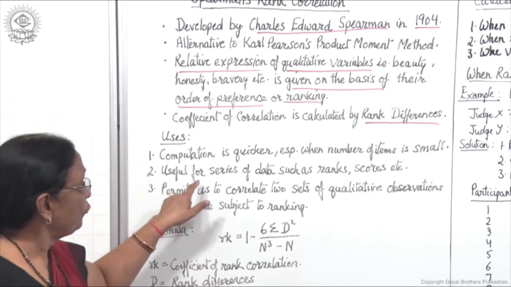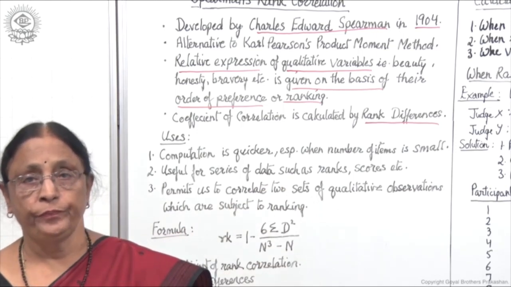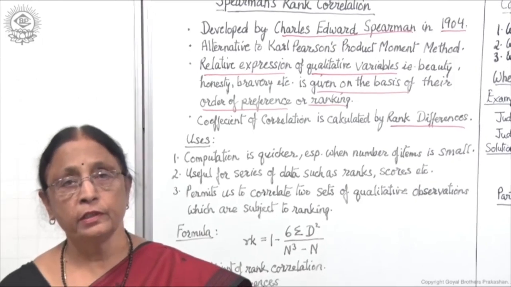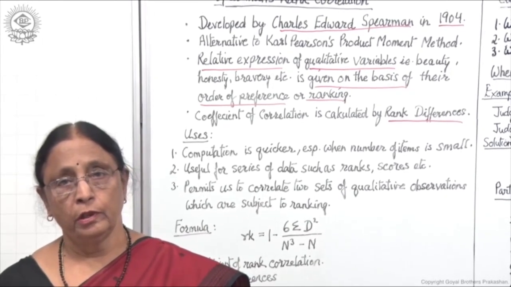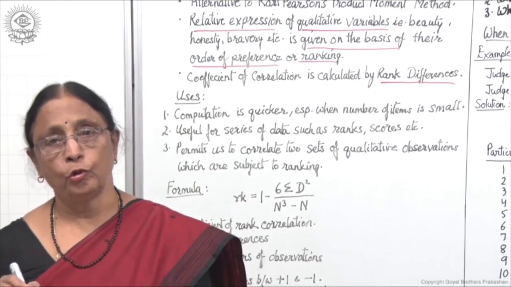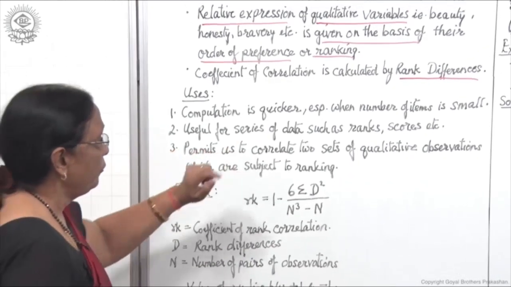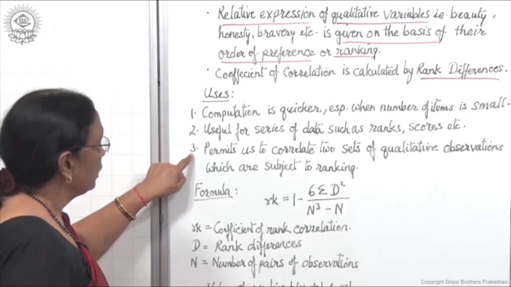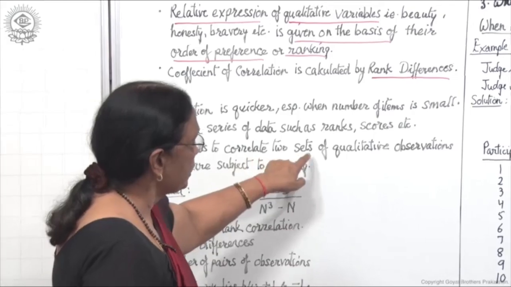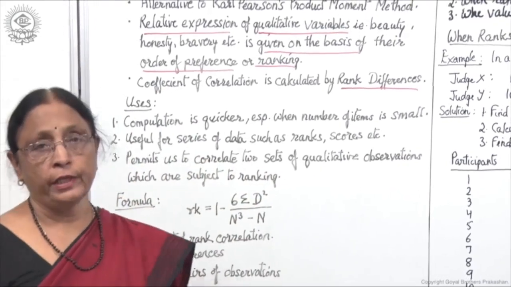Second, useful for series of data such as ranks, scores, etc. When the ranks are given, then this method is most useful. Or as I told you, in case of qualitative measurement or qualitative data, the rank correlation method is very useful. Third use, it permits us to correlate two sets of qualitative observations which are subject to ranking.